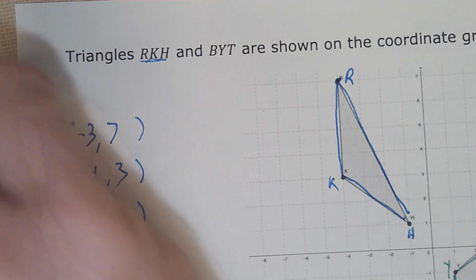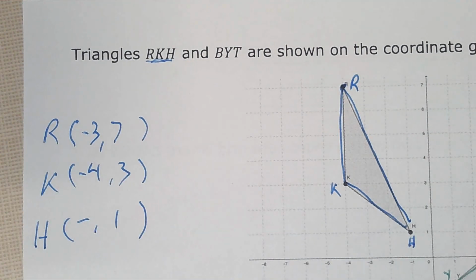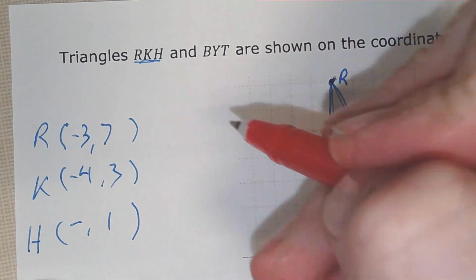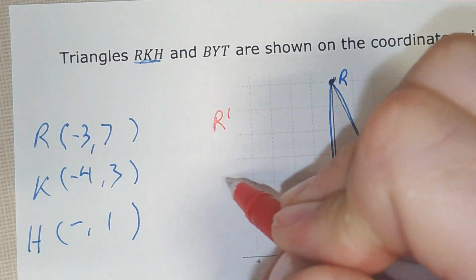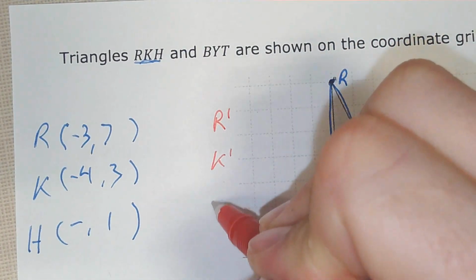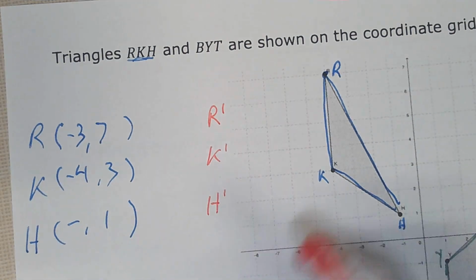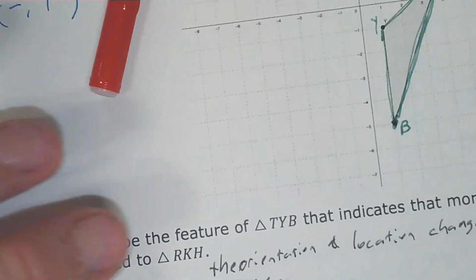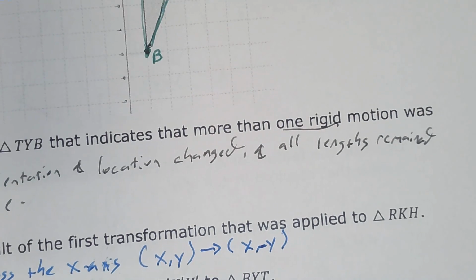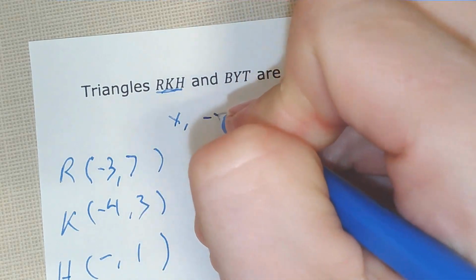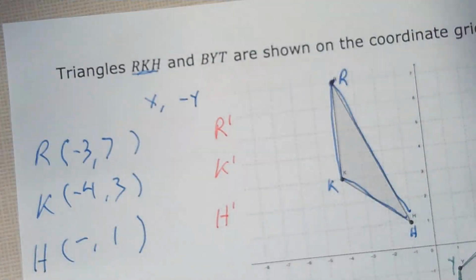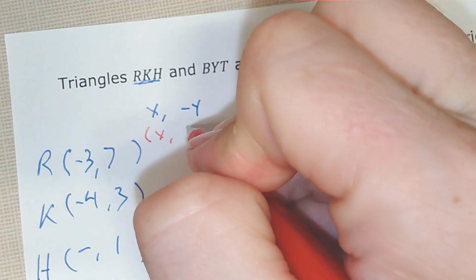All right, and we'll use red for our R prime, K prime, H prime, and our relationship is x comma -y. X comma -y is going to be our new x comma y.